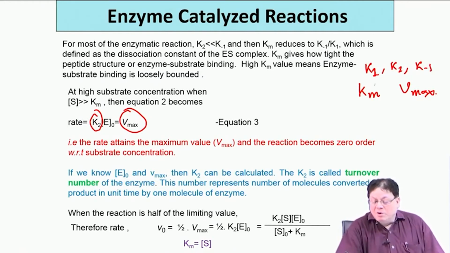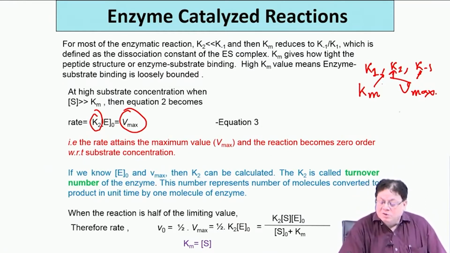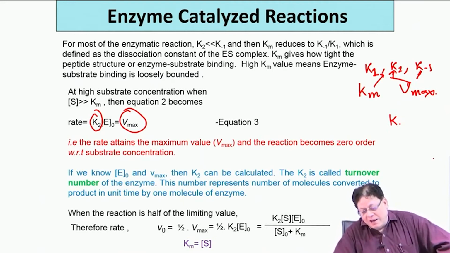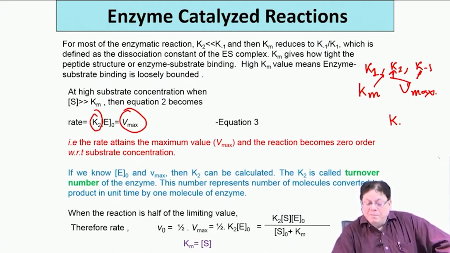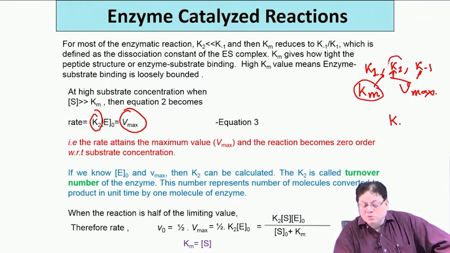Vmax is related to k2, and Km is related to k minus 1 by k1. So you see, we generally describe the efficiency of an enzyme by these two parameters, Km and k2.